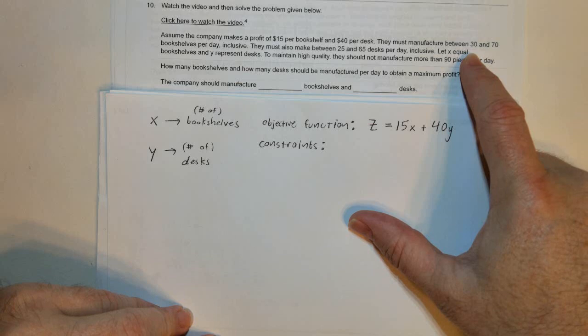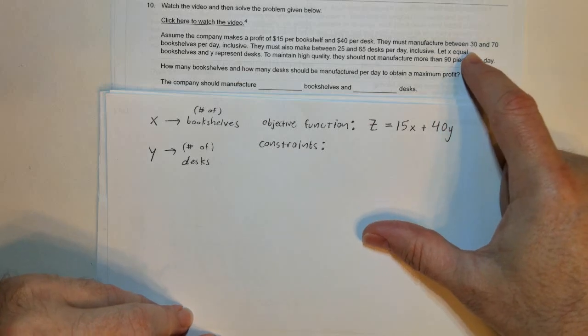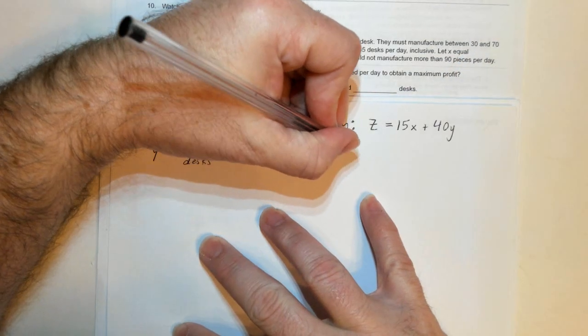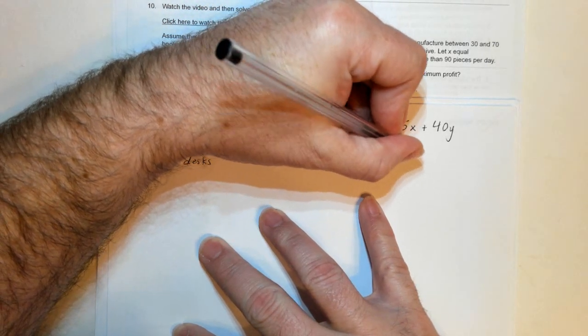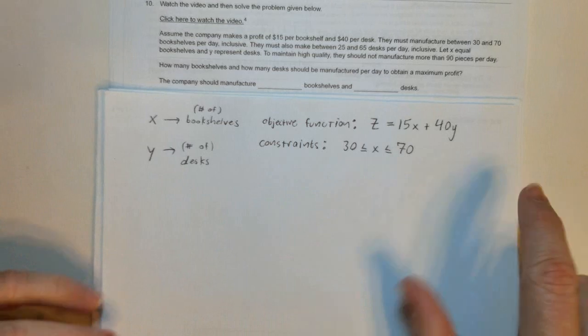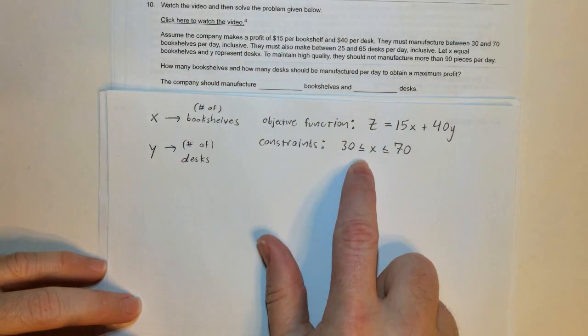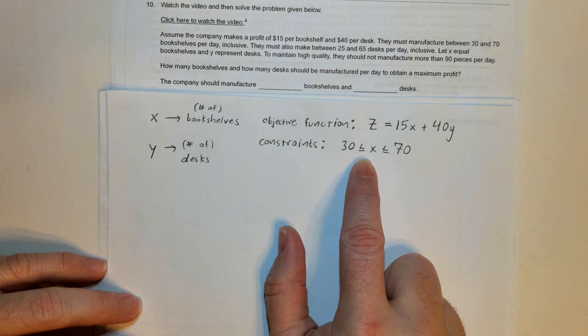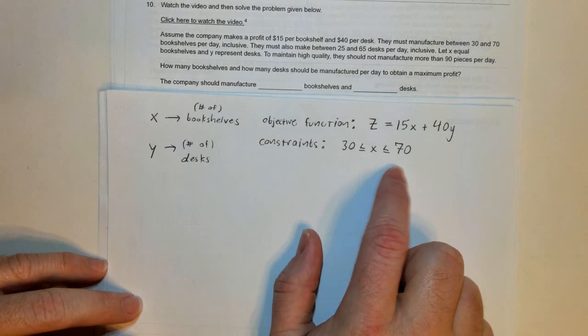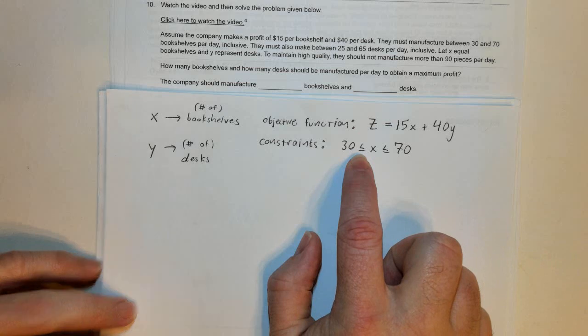Another way I can say X must live between 30 and 70 is to write 30 is less than or equal to X is less than or equal to 70. The inclusive right there means I put an equal sign. If it had just said exclusive, then I wouldn't include 30 and 70, so there would not be an equal sign.